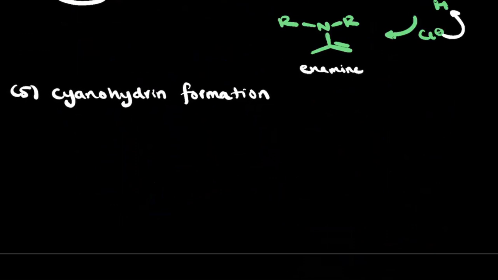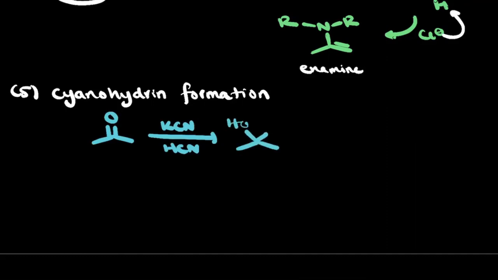I know that I've seen the case where you have KCN in the first step and H3O plus in the second step. One common way that I've seen it, and the one that I probably like the most, is using KCN and HCN. Okay, using KCN and HCN will go in and give you the cyanohydrin, as you see here, having an alcohol and a nitrile all in one step.